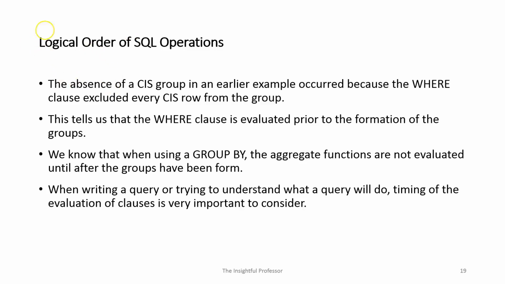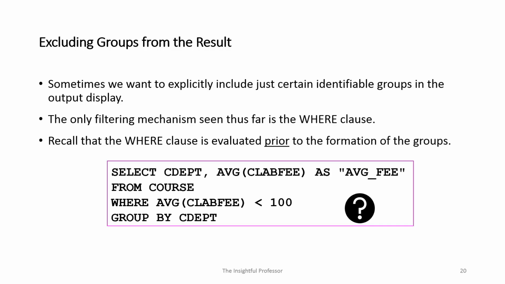So what we've seen thus far is we feel pretty confident that the where clause is evaluated first, then the group, and so forth. So let's take a look at something that gives you an idea of why this is so important to understand the timing.